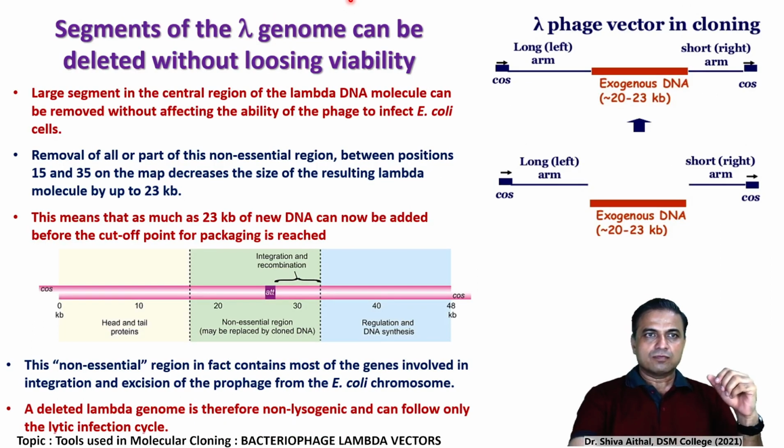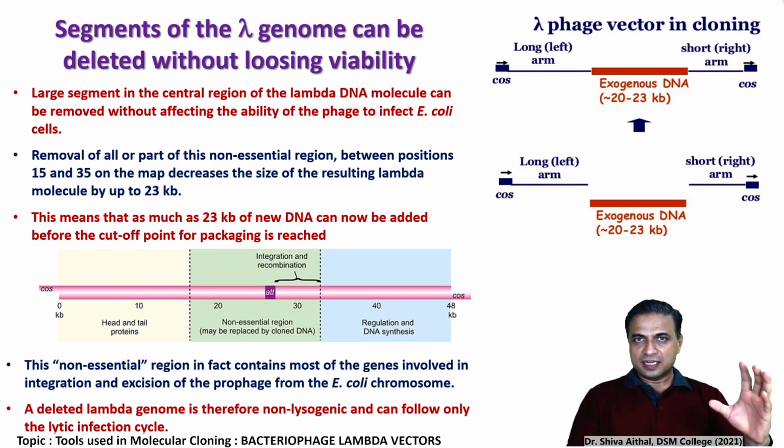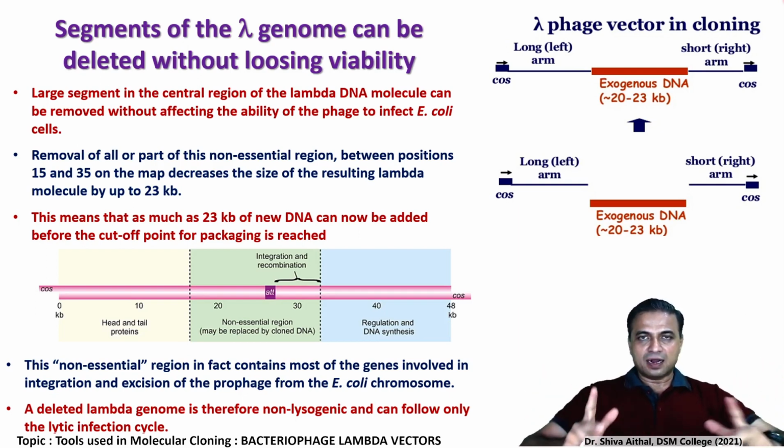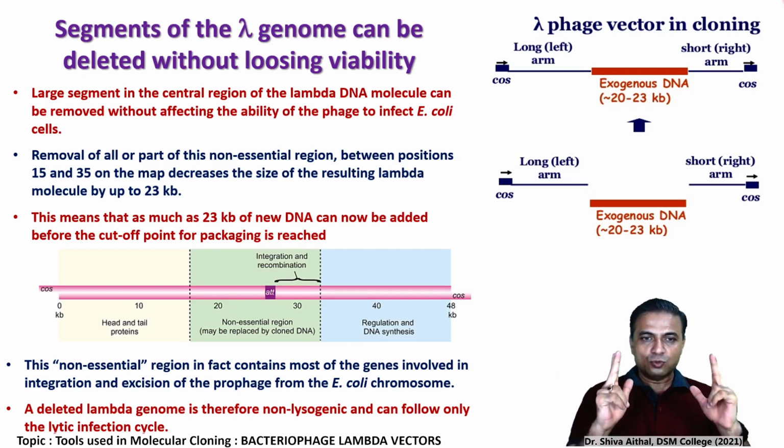Now see, there are certain segments of this genome which you just saw which can be deleted without losing the viability of the phage. I hope you are getting the point. You can use this genome, the whole DNA sequence of the lambda, cut it in size up to certain region.